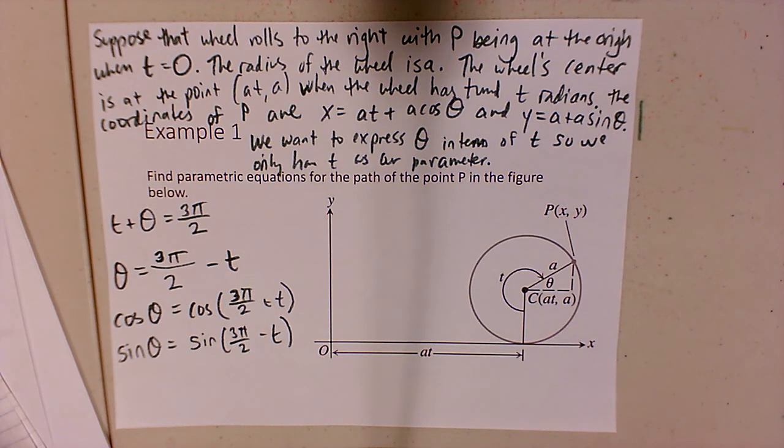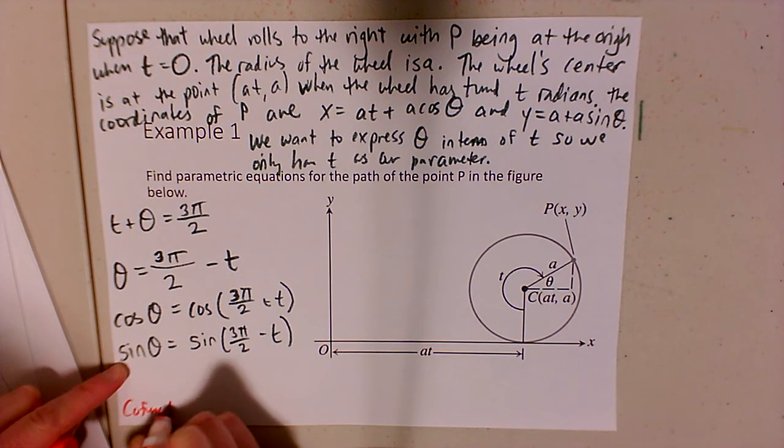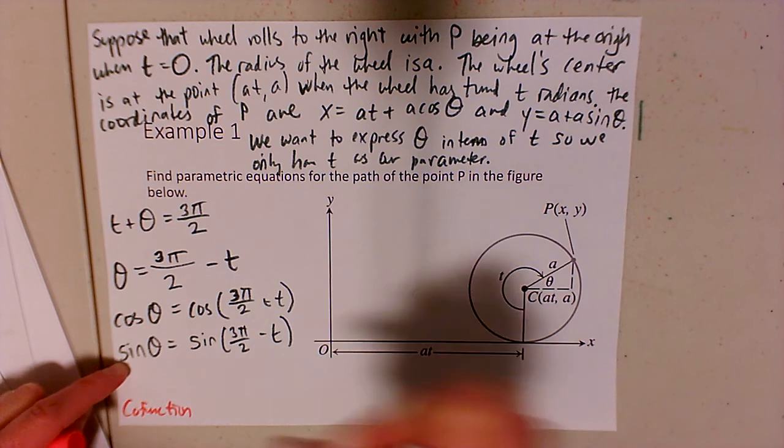And then what we could do here, well, if you remember your co-function identities, I'll just do a quick refresher of that. I'll do this down here.